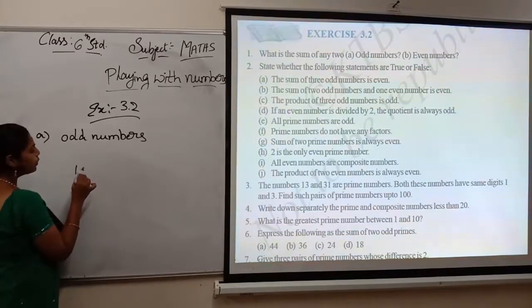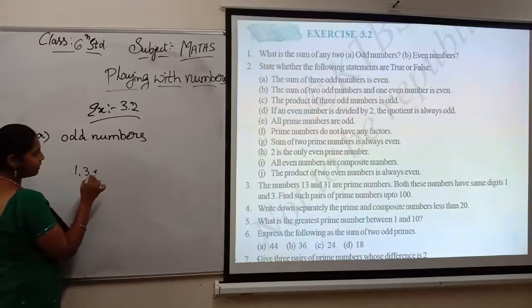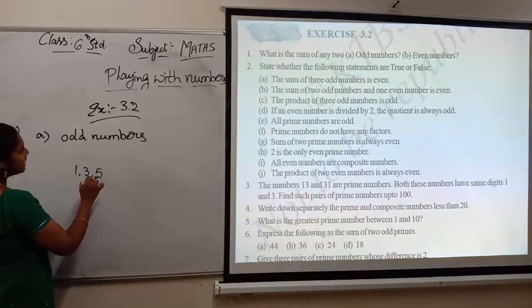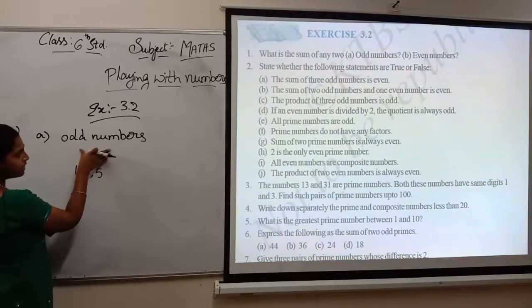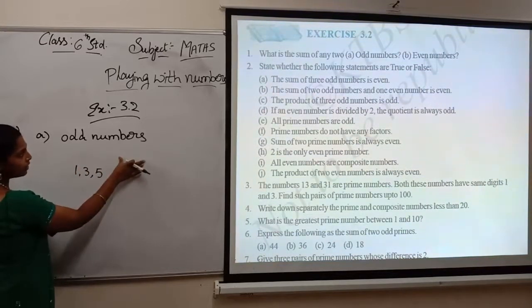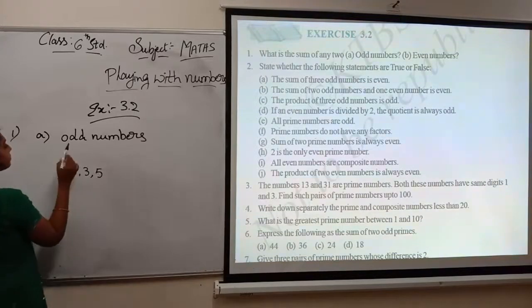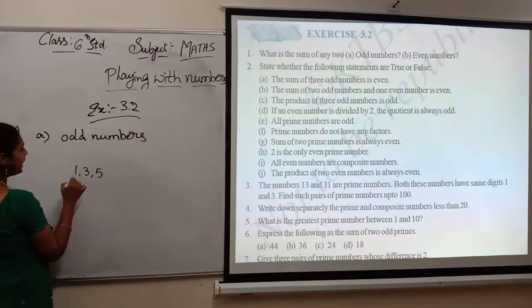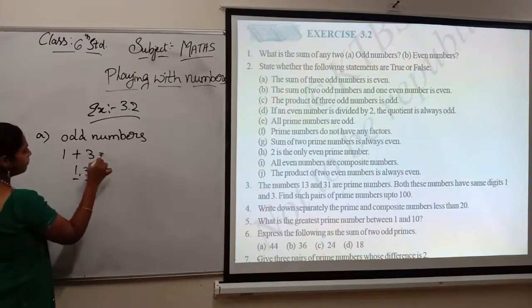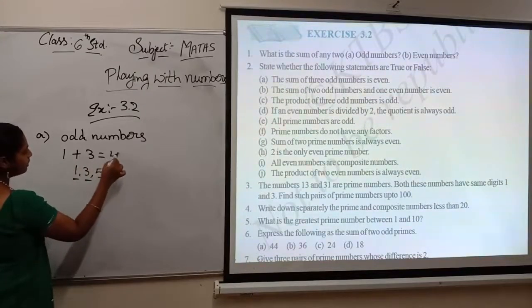2 is an even number, 3 is an odd number, 4 is an even number, 5 is an odd number. If you take any two odd numbers, what will we get as a result? Sum means you have to do addition. We can take any odd numbers, these two. 1 plus 3 will get 4.